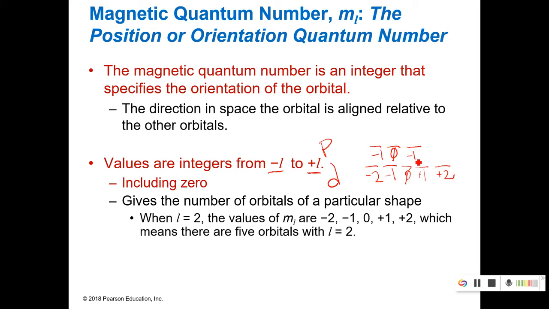So if you put 0 in the middle and count out like a number line. S only has 1, it's 0. And then F will have 7 lines. It goes from negative 3 to positive 3. Okay, so this just tells us what line we're specifically on in the orbital diagram.